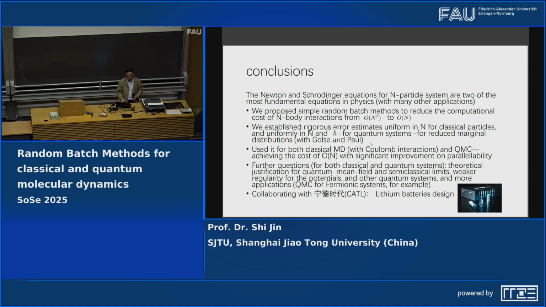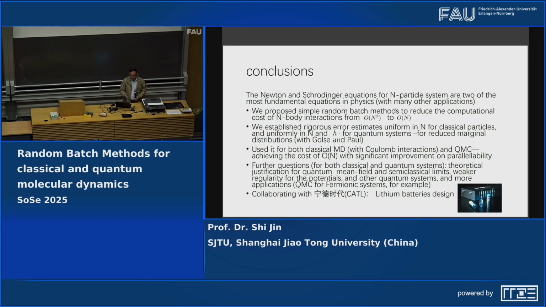For quantum dynamics, we can prove an error estimate for the first marginal, with error independent of n and also h bar. So it works all the way into the semi-classical regime. Then we use it for classical molecular dynamics based on random batch Ewald, and also quantum Monte Carlo. The cost is order n, and more importantly, it's highly scalable. It's a highly parallel algorithm.